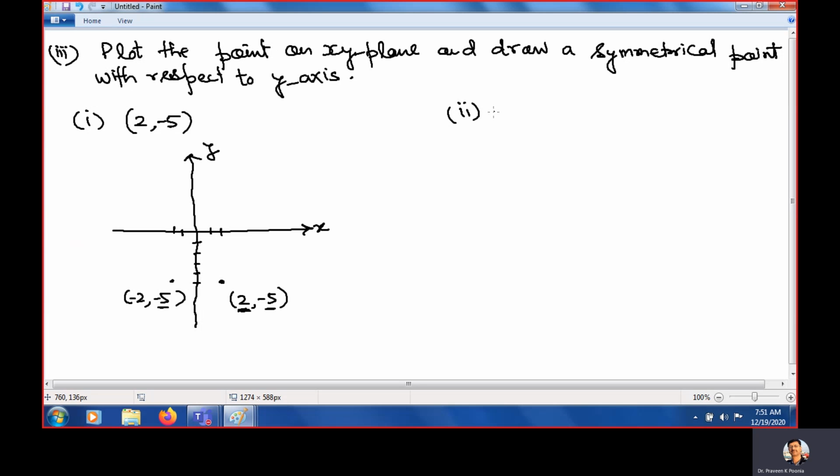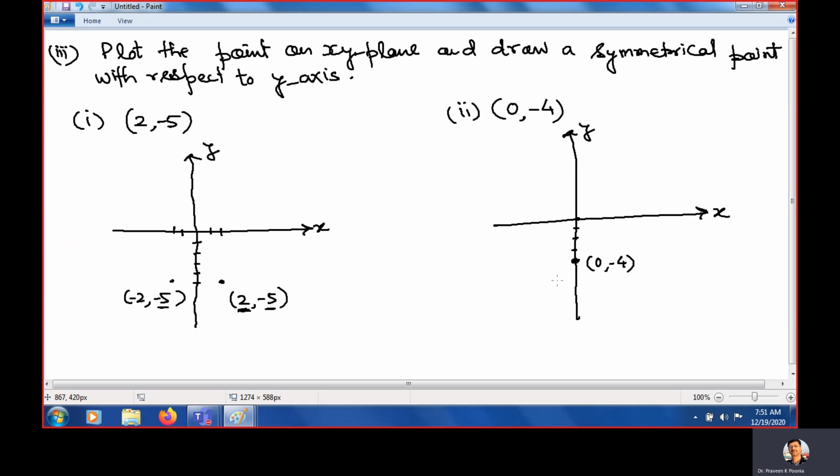Okay. Now let us take 0, minus 4. This is the x-axis and this is the y-axis. So 0 means this intersection point, and minus 4 means y is minus 4: minus 1, minus 2, minus 3, minus 4. So this point is 0, minus 4.